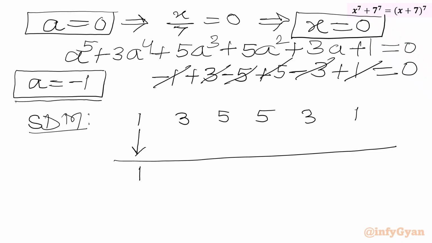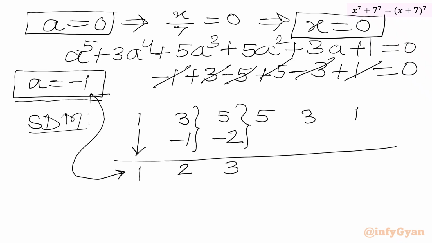Now we will multiply this base solution with the leading coefficient. So -1 times 1 is -1, we will write here. Then we have to add these two numbers: 3 minus 1 is 2. -1 times 2 is -2. Now we will add these two, we will get 3. -1 times 3 is -3.